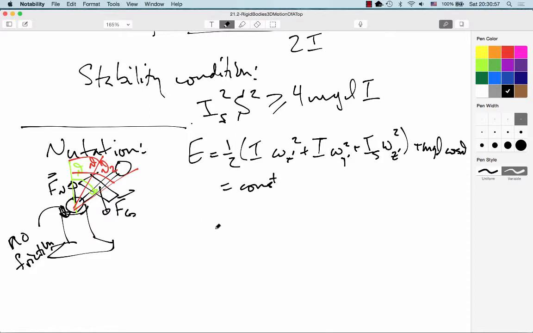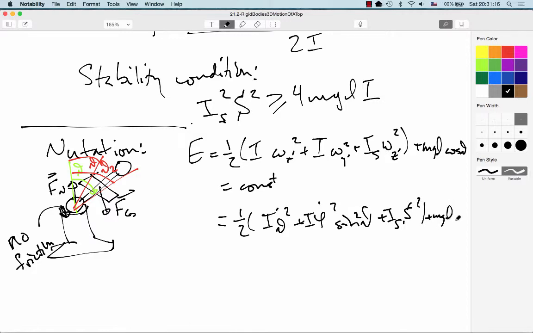All right, so putting in what those are, our constant has to be equal to 1/2 I theta dot squared plus I phi dot squared sine squared theta plus I_S S squared plus mgl cos theta, and we'll call that triple star.